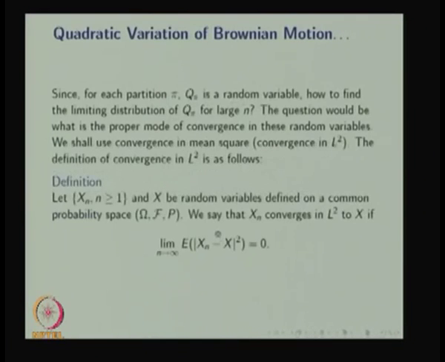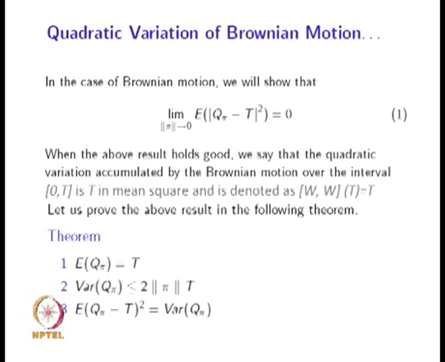In this case of Brownian motion, we will show that the limit as norm pi tends to 0 of the expectation of the absolute value of Q pi minus T, whole square, is equal to 0. That means the sequence of random variables Q of pi, as n tends to infinity, converges in L2 to the constant random variable capital T, since this condition is satisfied.